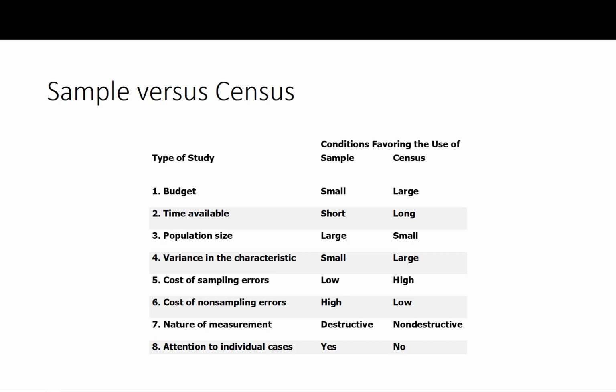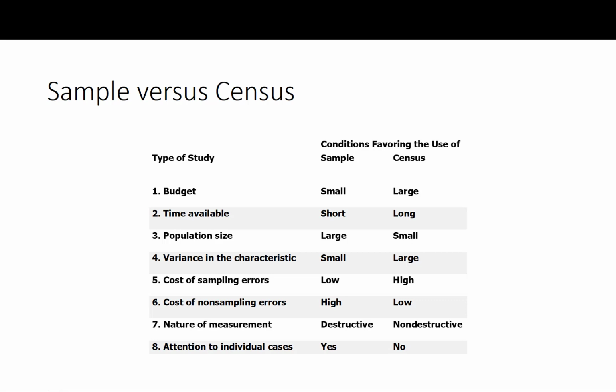So in terms of marketing, most of the costs of sampling errors are relatively low compared to the costs of implementing the surveys themselves. Whereas in census type situations, the cost of sampling errors could be the difference between life and death if you're talking about medical research.